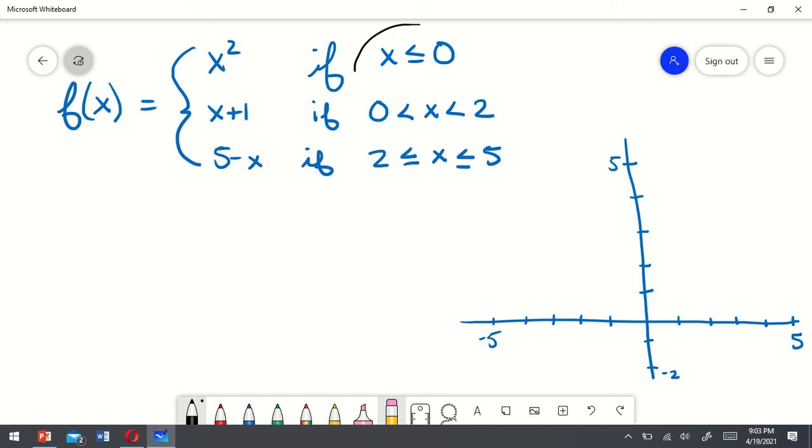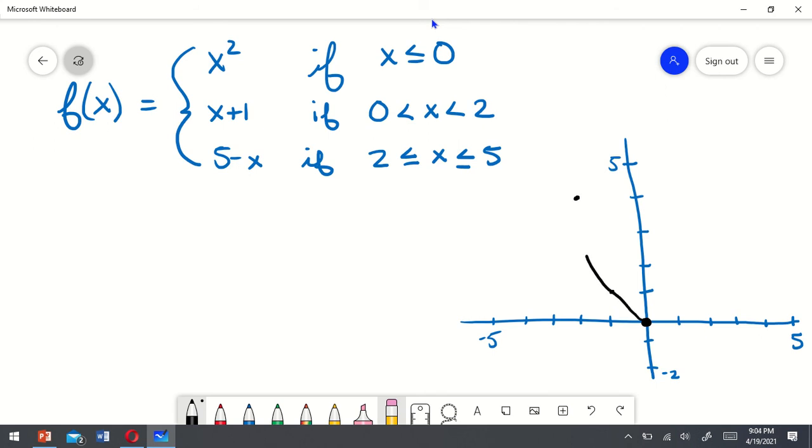So the first rule is for when x is equal to 0 or smaller. So when x is 0, 0 squared is the rule I follow, which gives me a point at the origin. Numbers smaller, I get my parent parabola, but I'm only using the left side of it. So when I plug in -1, -1 squared is 1. When I plug in -2, -2 squared is +4.